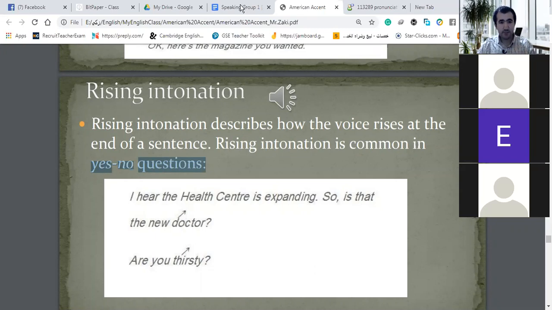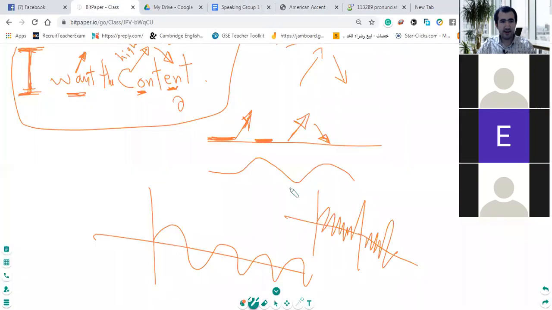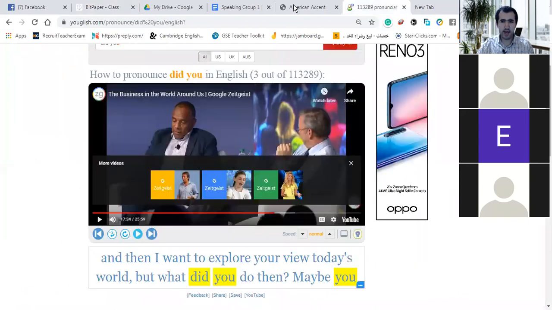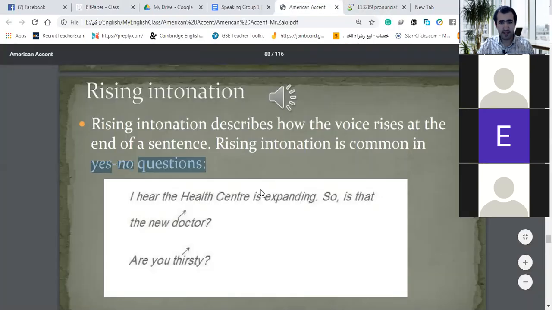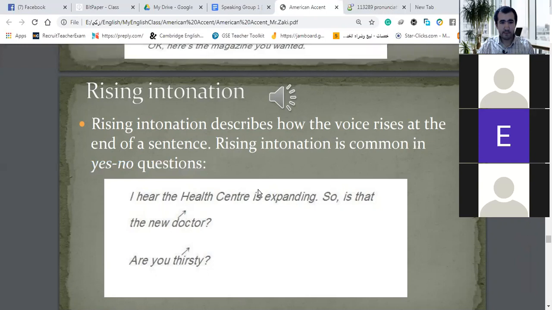So this is how intonation works. It goes up, down, and then down, up, down. This is usually how it works in English. So we can say that intonation comes with the stressed syllable.